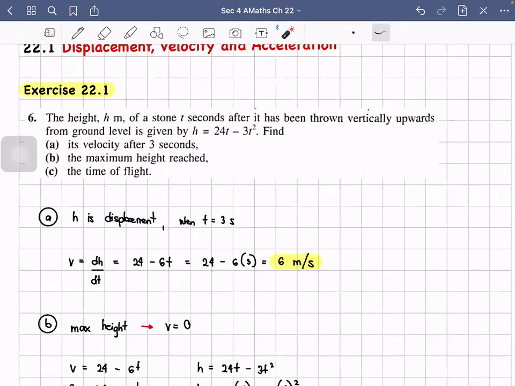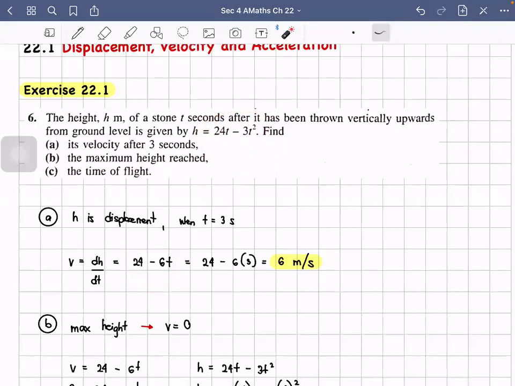The problem is that we're not given the velocity function, so we need to derive that out of the displacement function. Doing so, dh/dt, the derivative of h with respect to t, is equal to 24 - 6t. So therefore this is now the velocity function.